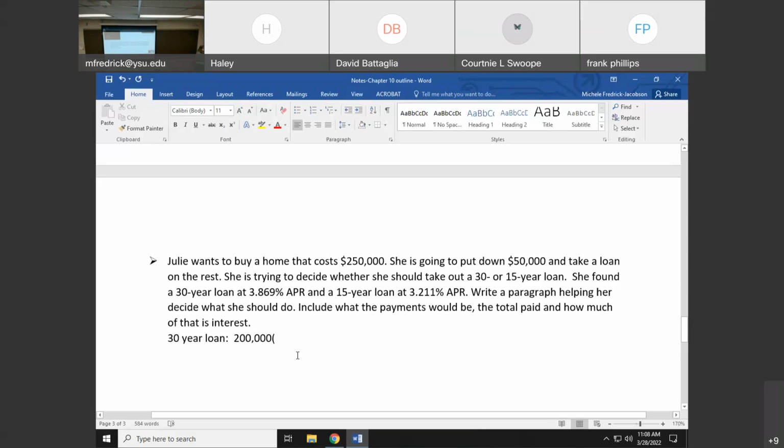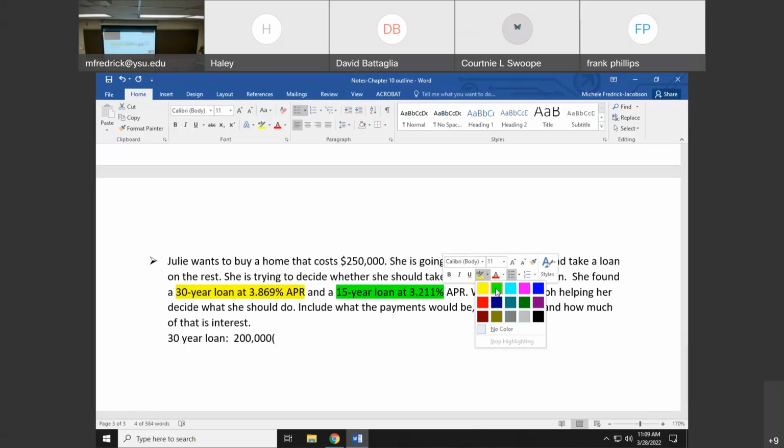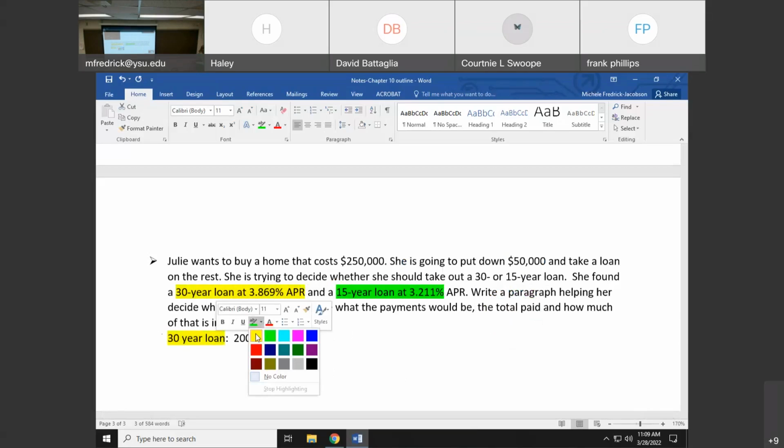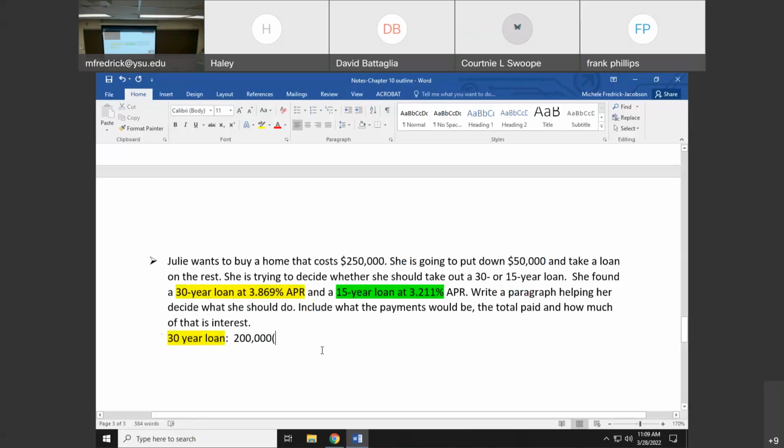our interest rate written as a decimal, the 30-year loan is this one. The 15-year loan is this one. So we're doing the 30-year loan. 0.03869 divided by 12.